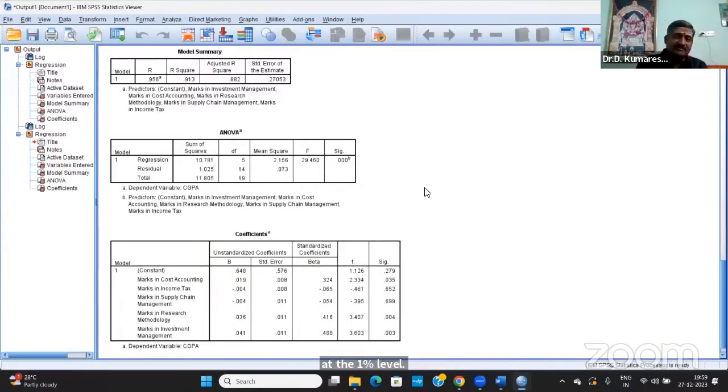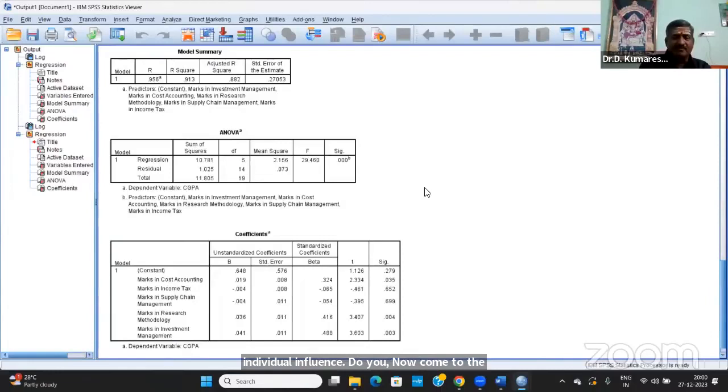So this measure is computed to understand the joint influence. The next table is used to understand the individual influence.